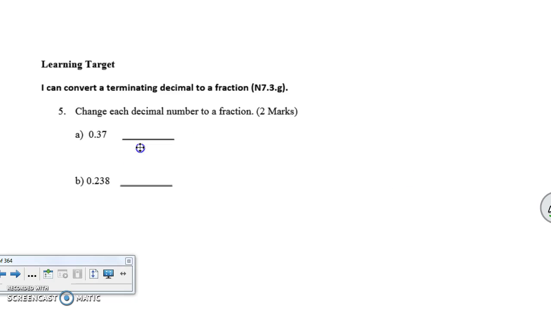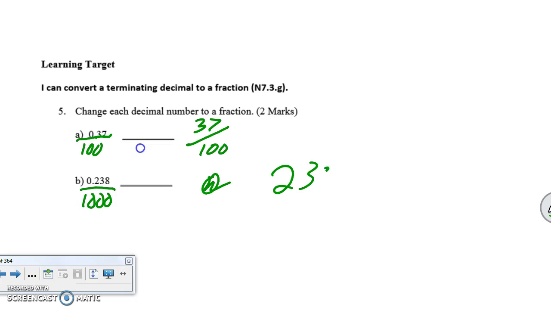I can convert a terminating decimal to a fraction, so change each number to a fraction. The easiest way to do this probably is take 37 over 100, and I know that because I have my 2 decimal spots, that's out of 100. This one is going to be out of 1,000, so I'll have 238 over 1,000, and I can simplify that if I choose to.